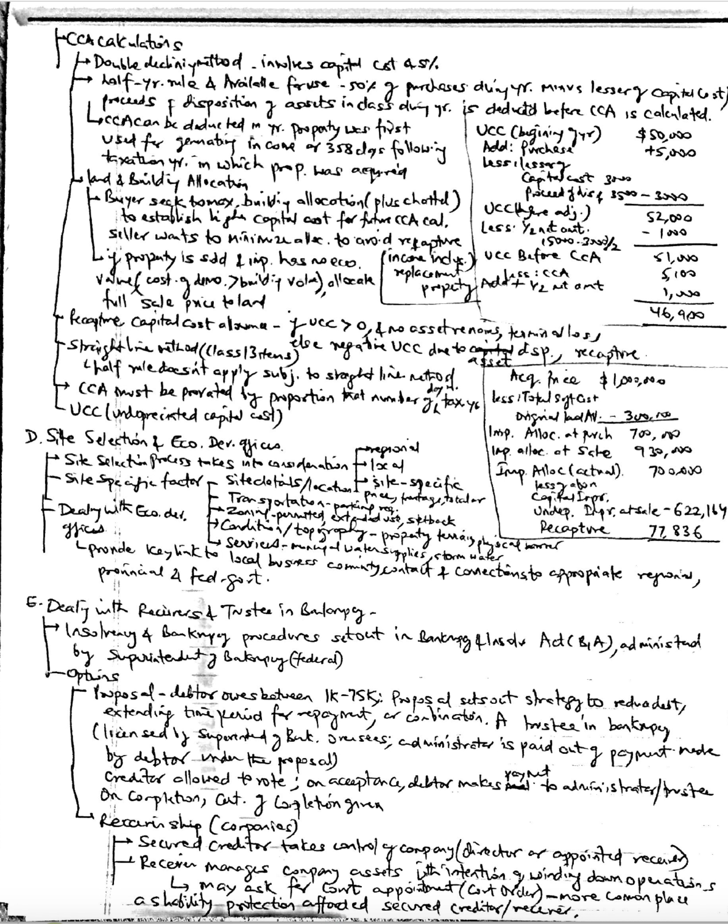So to recap, the half year rule was implemented to correct the fact that an asset purchased near the end of the taxation year would otherwise provide an amount in the class eligible for the maximum capital cost allowance in that year. This rule provides that only 50% of the purchases during the year, minus the lesser of the capital cost and the proceeds of the disposition of the assets in the class during the year, is deducted before the CCA for the year is calculated.